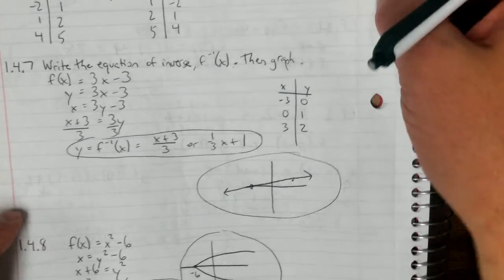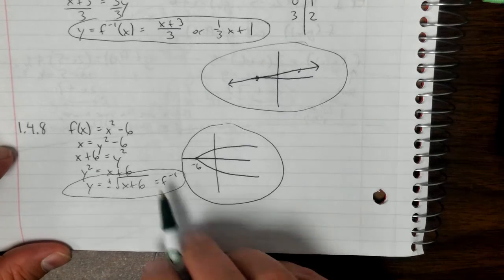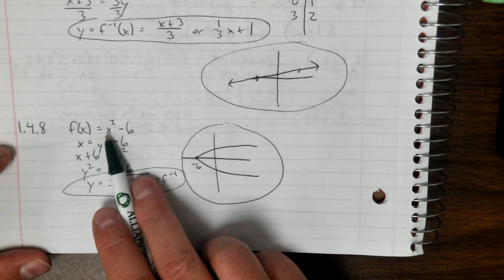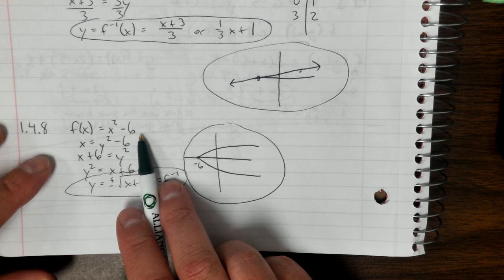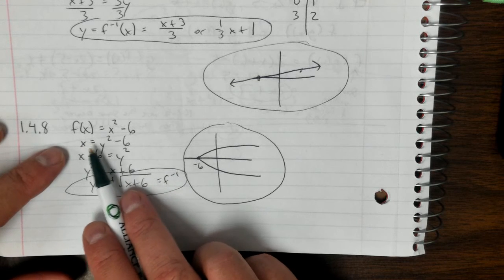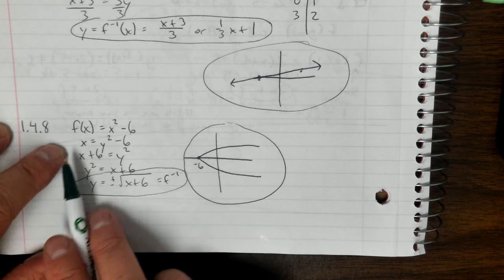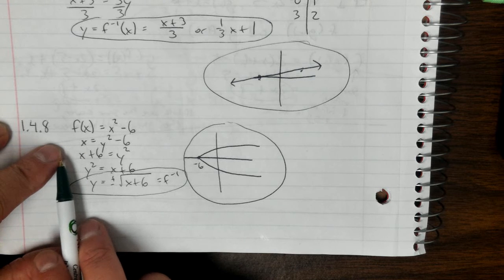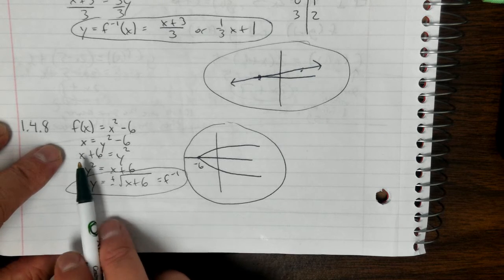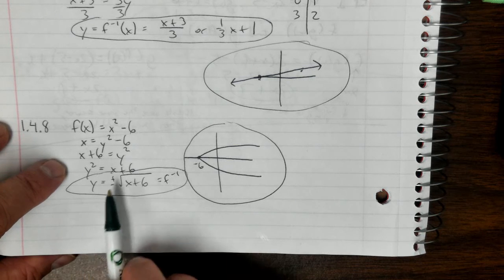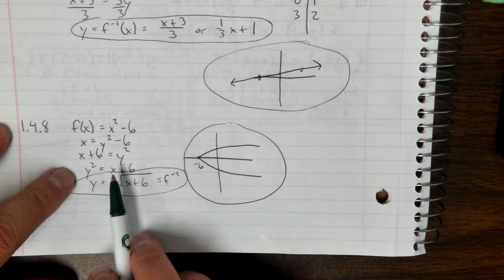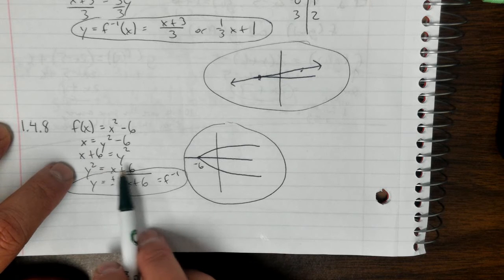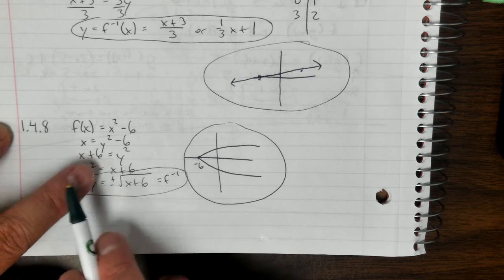Our next one is number 8, and so it says x squared minus 6. So our first step would be switch x and y, or switch x and f of x, so to speak. So I have x equal y squared minus 6. So then I bring the 6 over, got x plus 6 equal y squared, and I just reversed it without changing any signs, because you can do that.